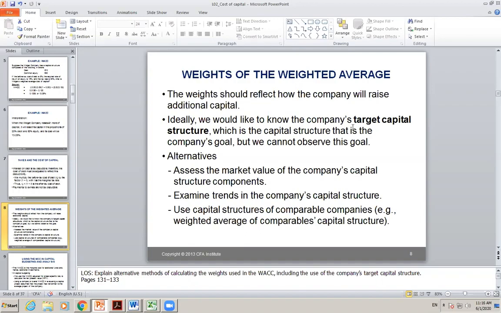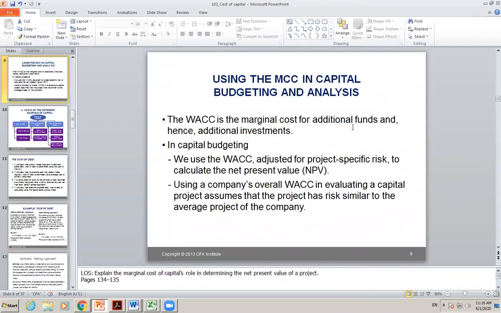The first one is to assess the market value of the company's capital structure components. We can do all three things: examine the trends in the company's capital structure, and use the capital structure of comparable companies, like a weighted average of comparable capital structures. Now, using the marginal cost in capital budgeting and analysis, the weighted average cost of capital is the marginal cost for additional funds, hence additional investment.